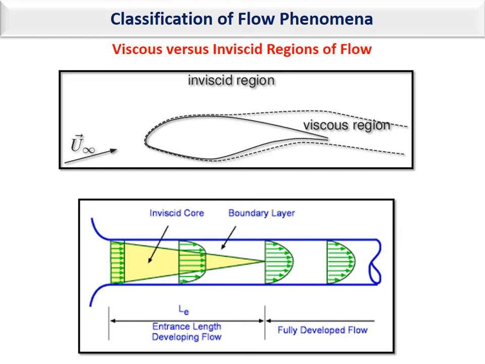So you may divide the flow into inviscid and viscous region and apply different governing equations for these two regions. One set of equations for the inviscid and the other set of equations for the viscous region. Why? Because it simplifies the solution or decreases the computing time required to compute the flow around the body.